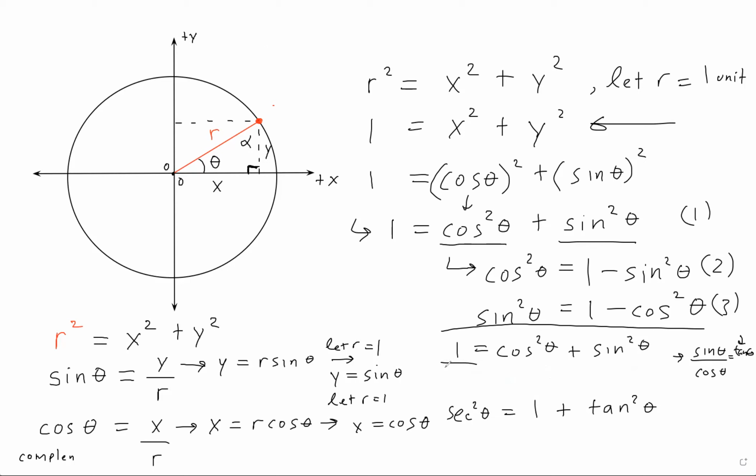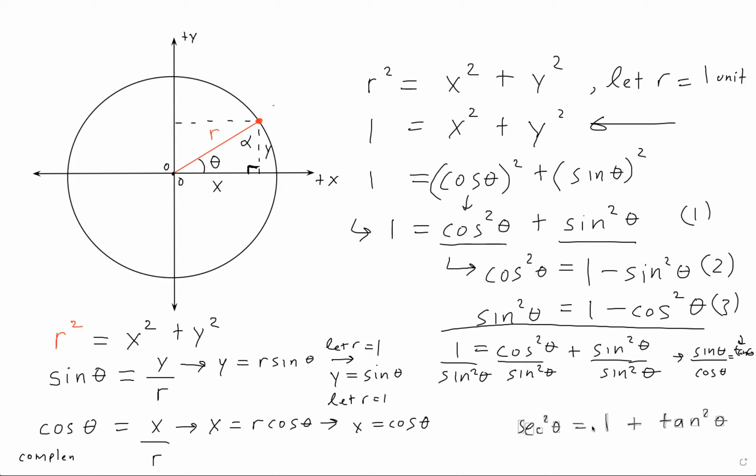So if you divide everything by sine squared theta, we get the following. Okay, so 1 divided by sine squared theta gives us a reciprocal identity called cosecant.